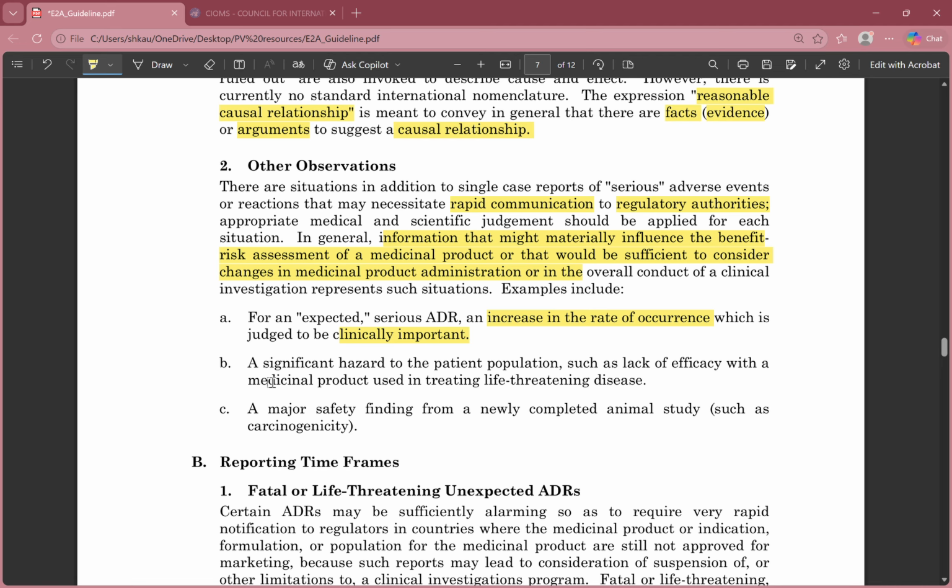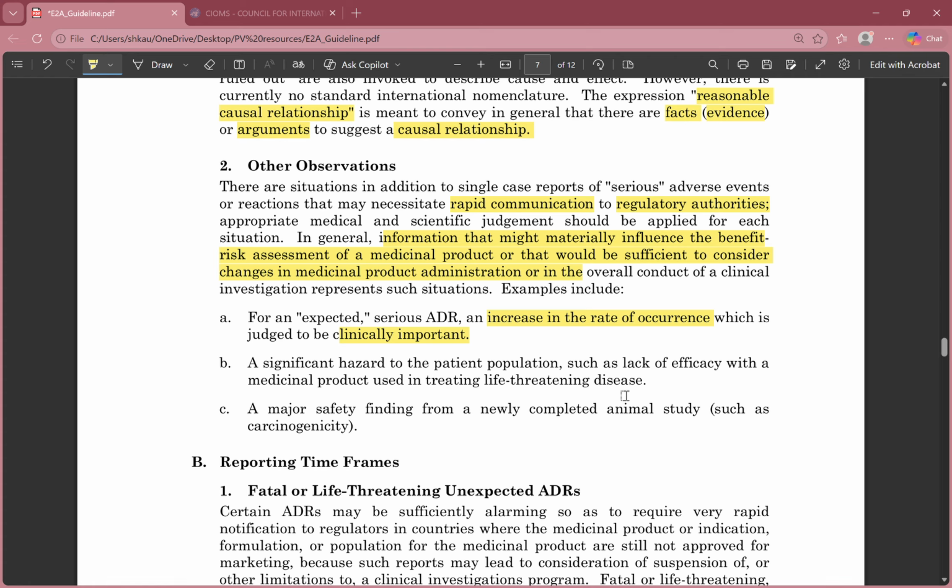Another situation is a significant hazard to the patient population, such as lack of efficacy with the medicinal product used in treating a life-threatening disease. So lack of efficacy is when we have a medicinal product intended to perform a particular therapeutic effect in a patient when a doctor or a pharmacist is prescribing that particular drug.